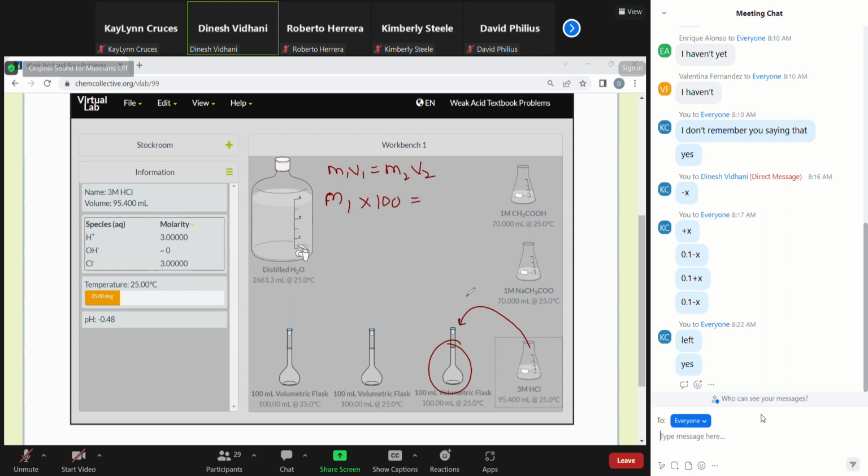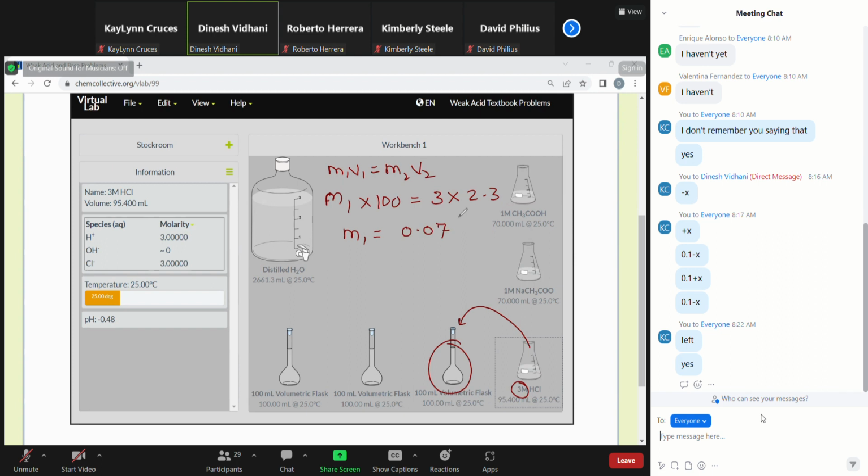And I know how much I took, so 2.3, but I also know the concentration in that way. So 3 multiplied by 2.3, right? So M1, if you do the math, it will turn out to be 0.07. This is the molarity, right?